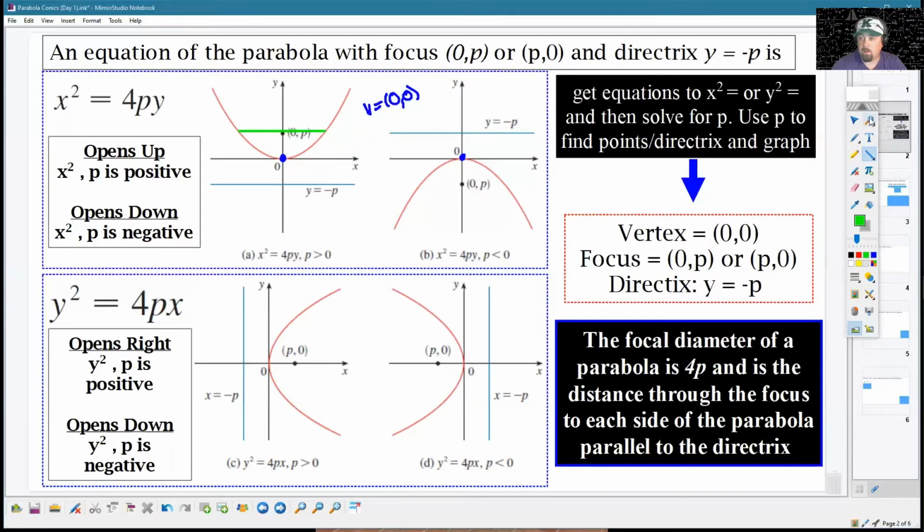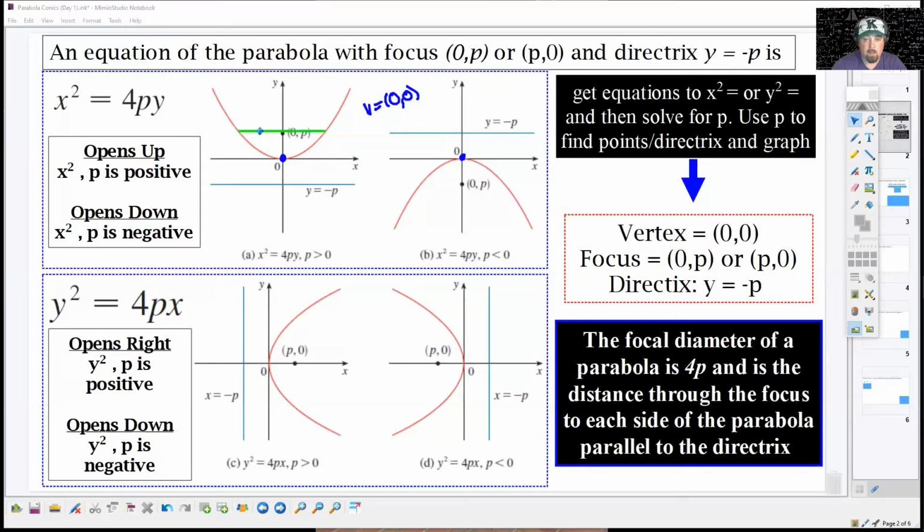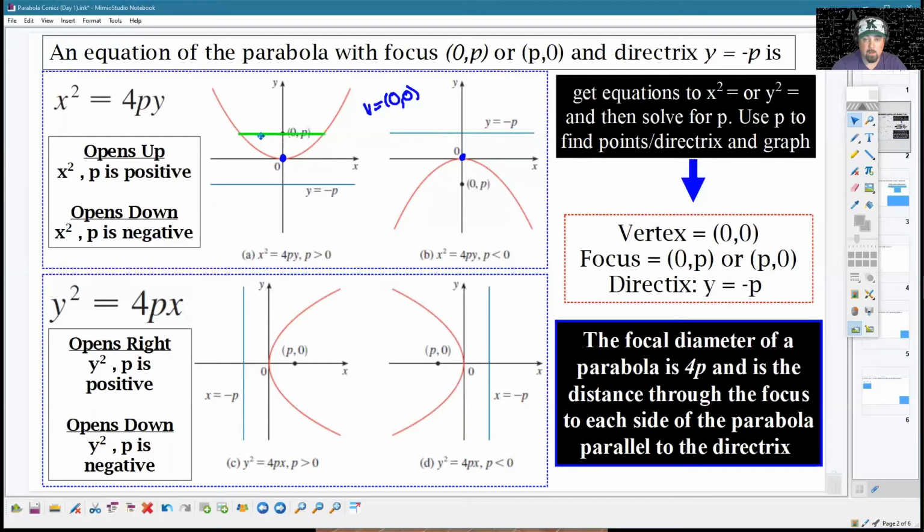That distance right there is the focal diameter. I could draw one on each one of these. It's horizontal, parallel to the directrix, through the focus, and it touches the two edges, and that distance is always this value of 4p, in case that were to come up, okay? Well, we're mainly going to focus on finding these points and just determining what it looks like.